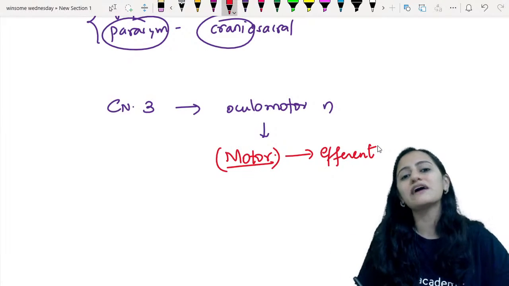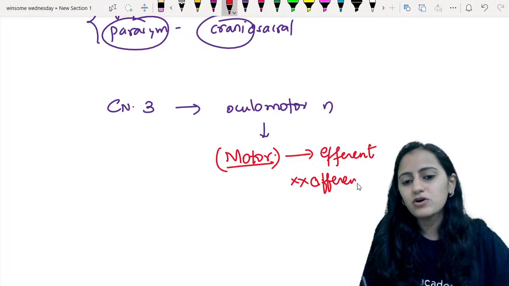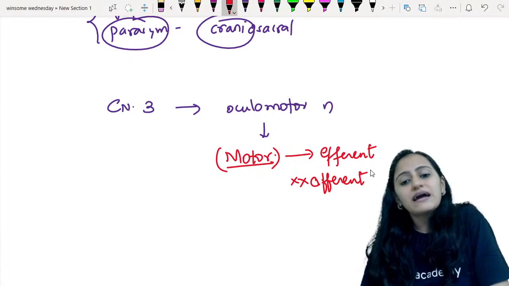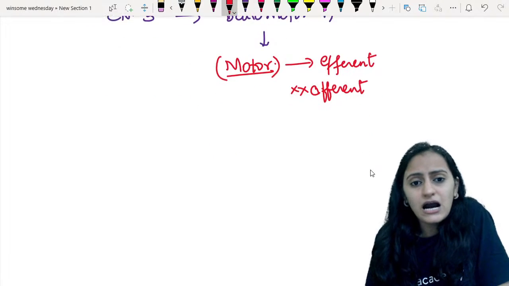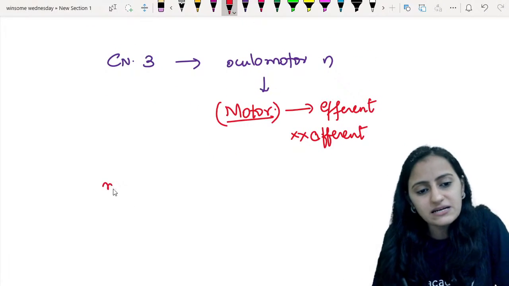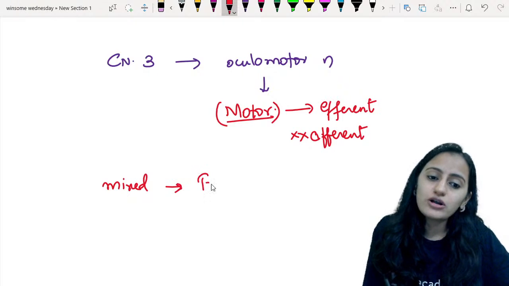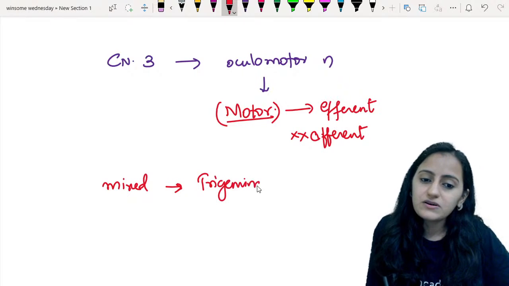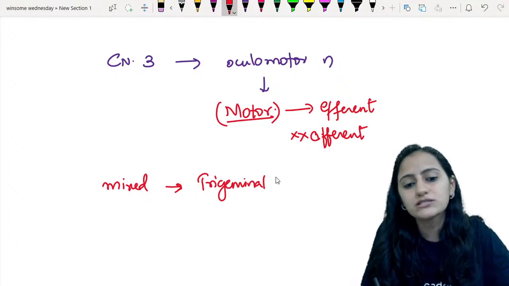It will not have your afferent column, right? Now, your mixed cranial nerves, like let us say your trigeminal nerve, the trigeminal nerve carries the sensations, it supplies the muscles also.